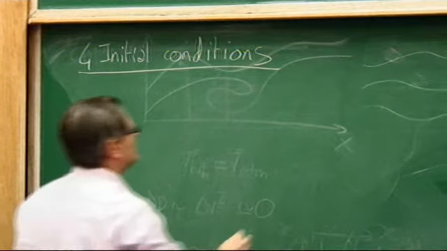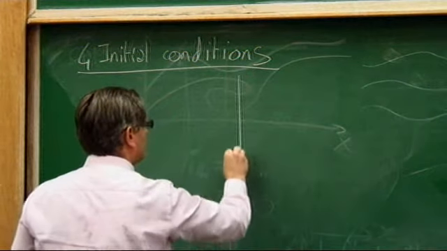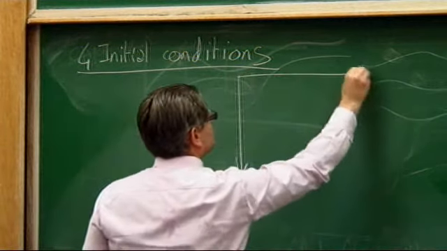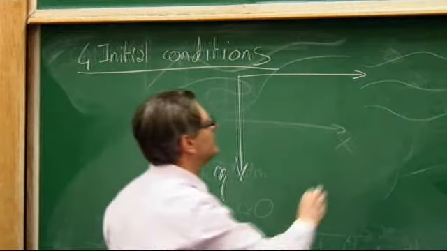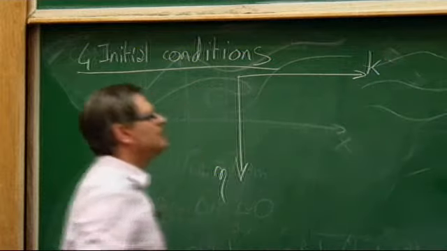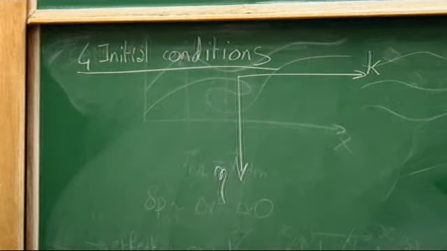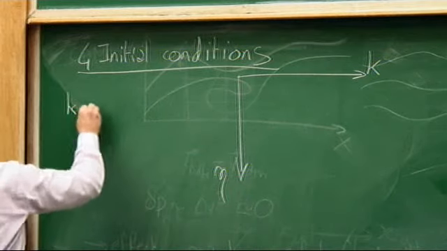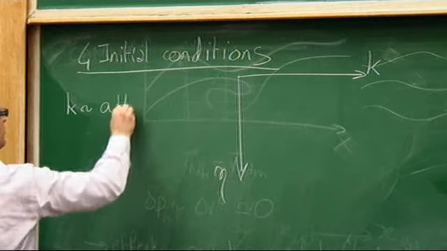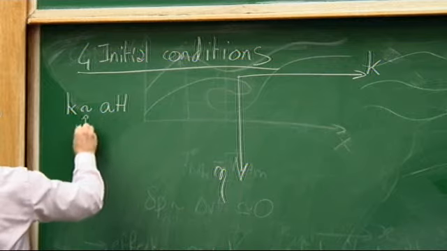We are going to follow our Fourier modes. We will draw lots of plots like this with time running from top to bottom and wave number running from left to right. A mode crosses the Hubble radius when k is of the order of aH. This is Hubble crossing.